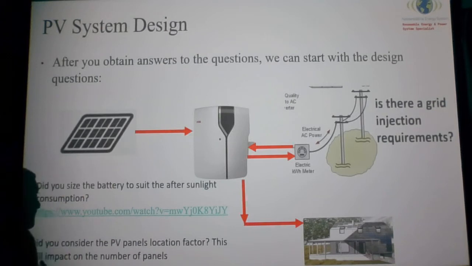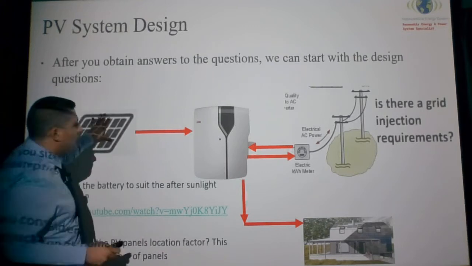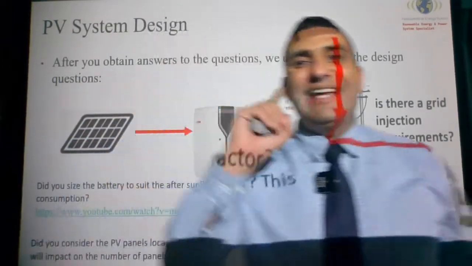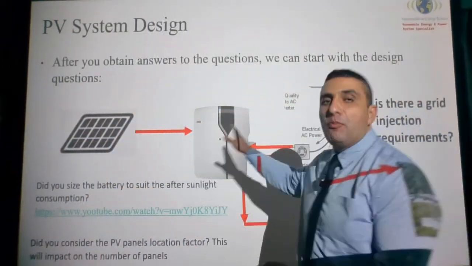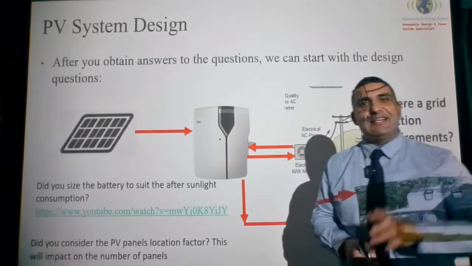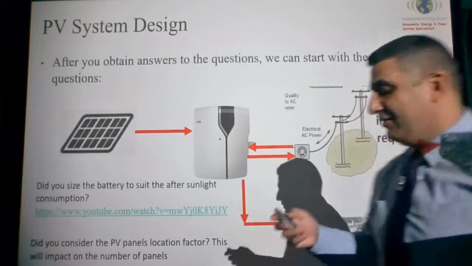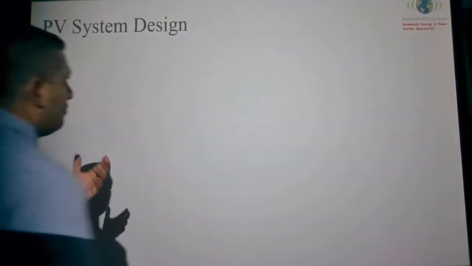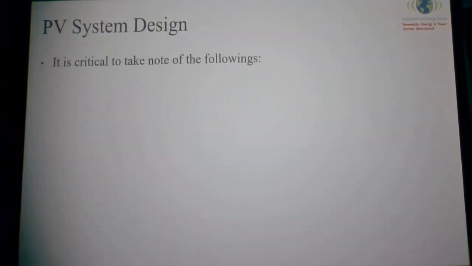During the day, my house consumes 15 kilowatt hour from the sun. So I need my PV solar system to be able to provide me 35 kilowatt hour as a pure output. And that's what I should take into my design consideration.